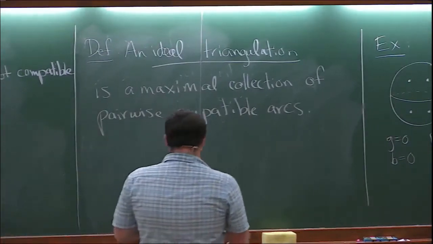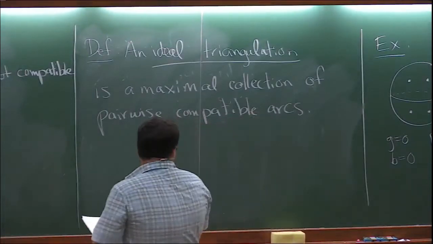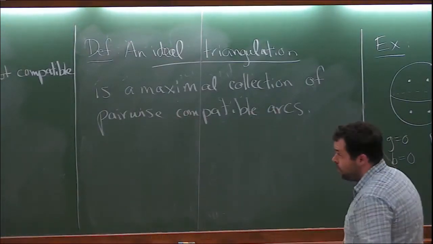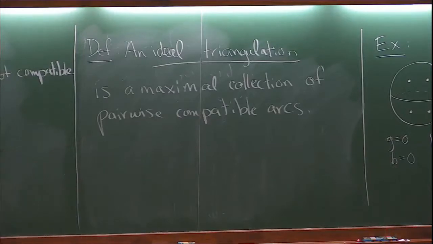Okay, so let me give you a bunch of examples. I want to tell you about these examples that I told you in the first lecture: the two-Kronecker and the Markov quiver and the dreaded torus. Let me show you how these come from surfaces.